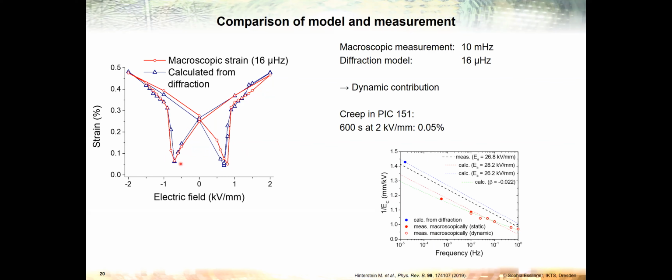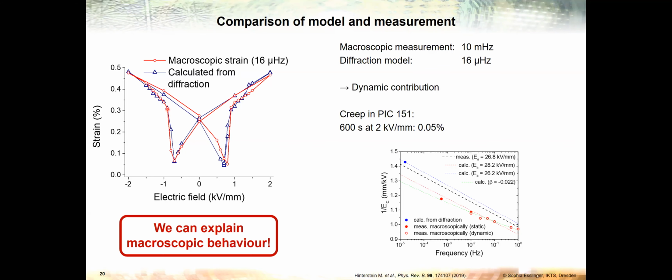So we have a perfect agreement between the strain calculated from diffraction and the macroscopically measured strain. So that means we can explain the macroscopic behavior just with our atomic model, and we get really detailed information out of the experiment.